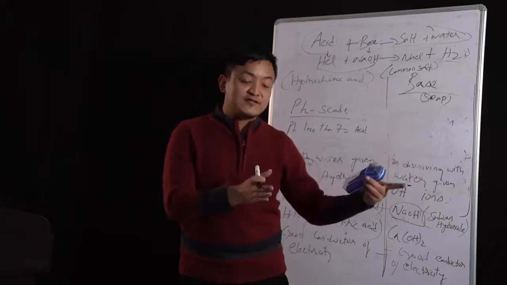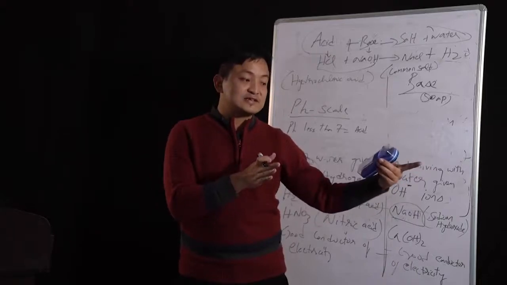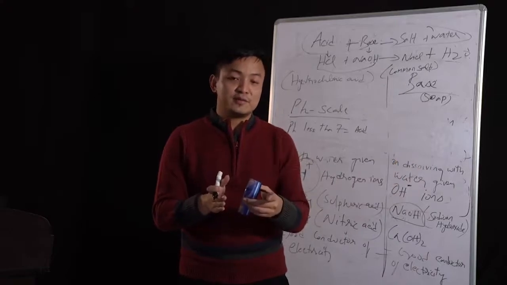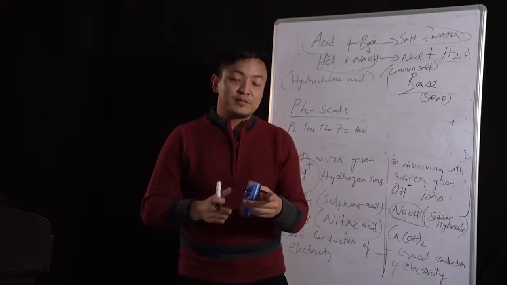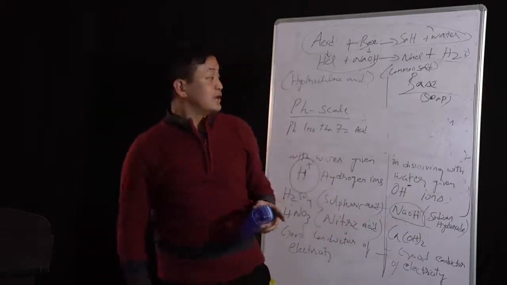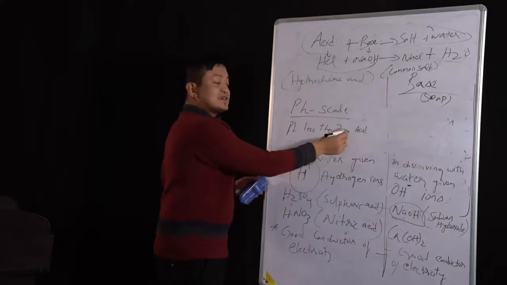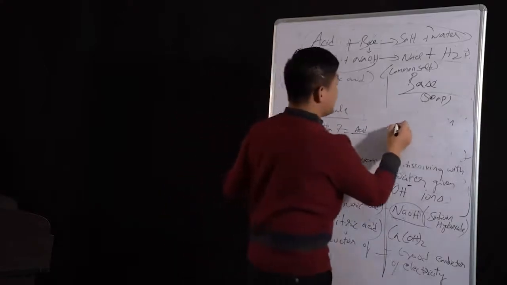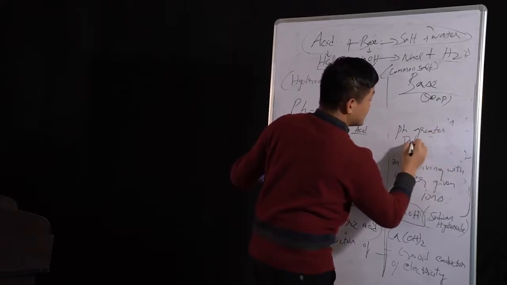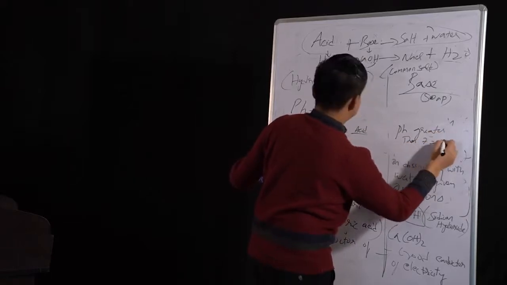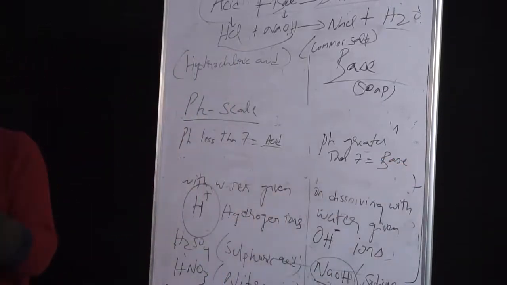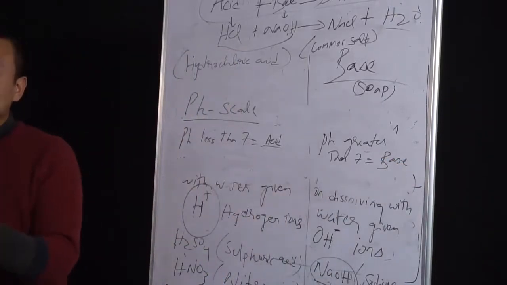So 1 to 7 is an acid, 7 is a neutral number, remember. And from 7 till 14 it's a base. So pH less than 7 is an acid, and pH greater than 7 is base. And 7 is the neutral number.